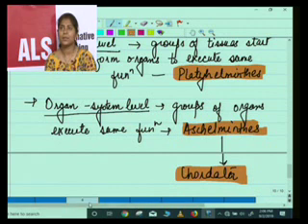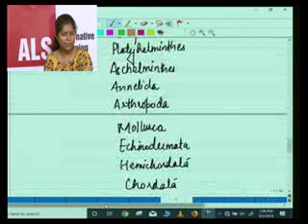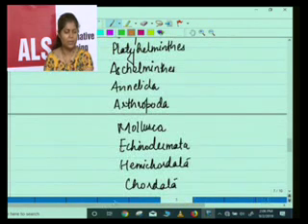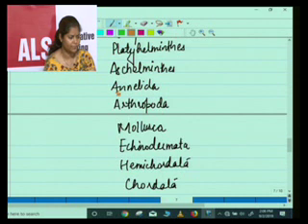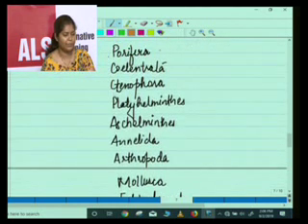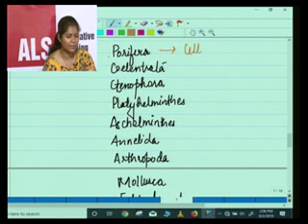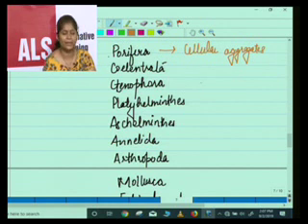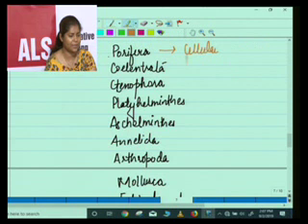Clear? Everybody? Let me know if you have copied. We'll go back to this slide. So what do we have? Porifera. What is Porifera having? Yes, they have cellular aggregates, or just write down cellular because we need to save some space.